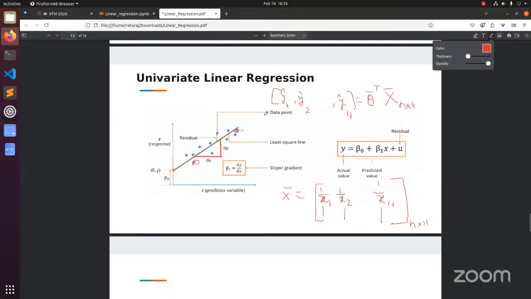Can everyone see that the matrix multiplication will become this? There are y hat 1, y hat 2, up to y hat 11, and you have theta transpose.